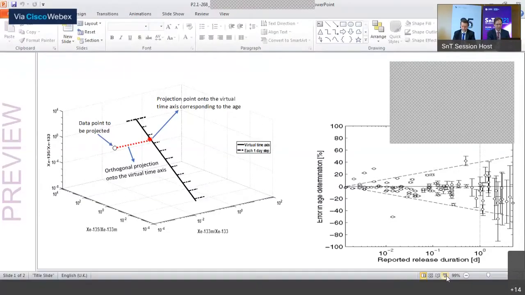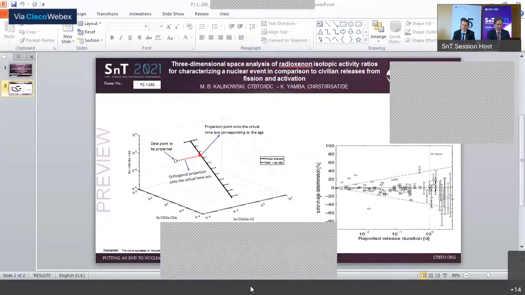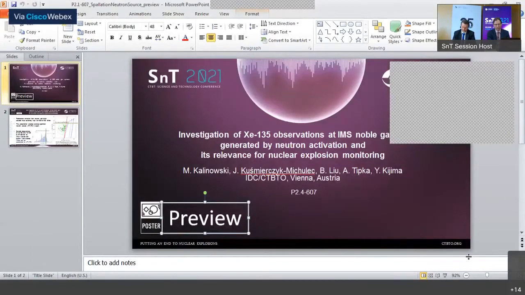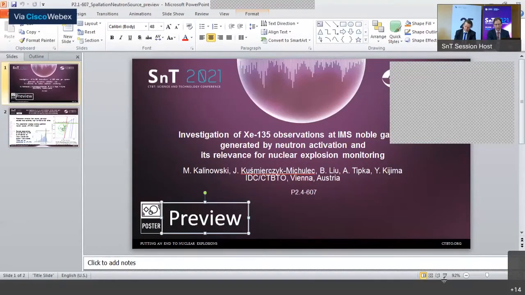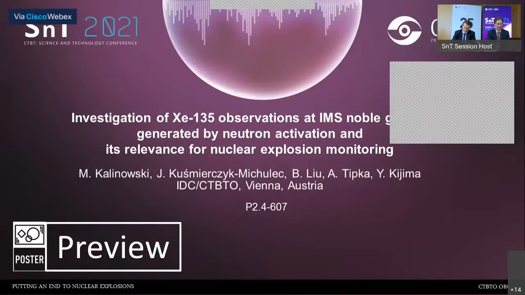And then I turn to the fourth one. This is a very interesting topic because it addresses the question of what is the source of xenon-135 that we see more often than we can understand, specifically in Japan. And now with the transportable noble gas system campaigns, we see it even more frequently, but it's also at the Takasaki IMS station.